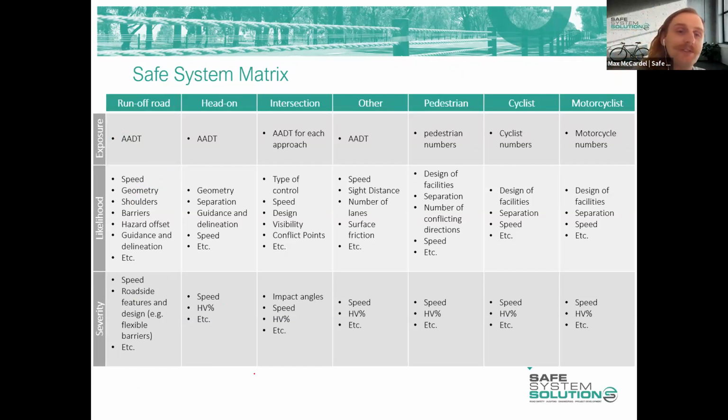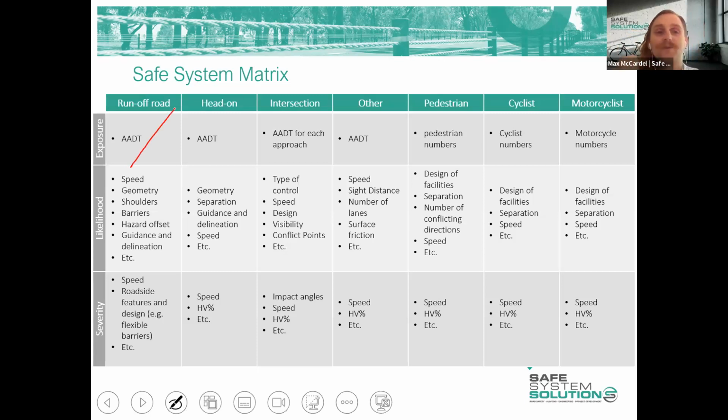So in my first cell there, I've got run-off road, and I've got a little dot point there, which is basically what do I need to look out for? And it's saying your AADT, your annual average daily traffic, that's two-way. Okay, so it's both directions, annual average. I'm going to just make up a scenario. There is no rhyme or reason for what I'm about to describe here.